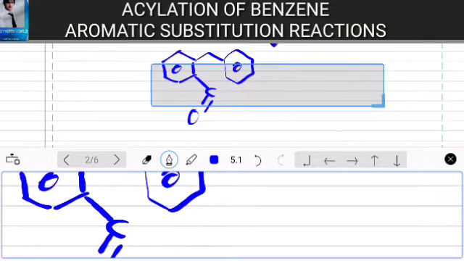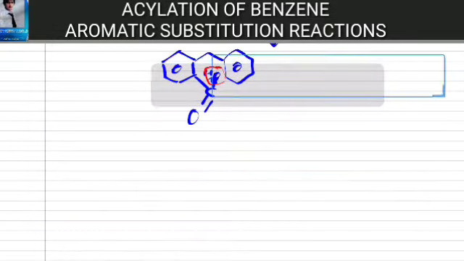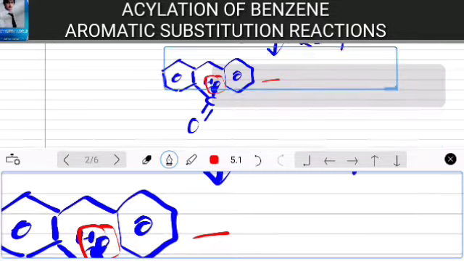Double bond O. Here we have now OH2. So this OH2 is released from this side, and we will get our ring closure.